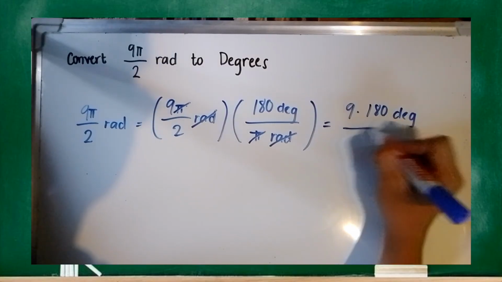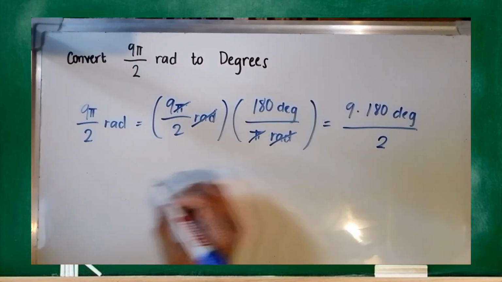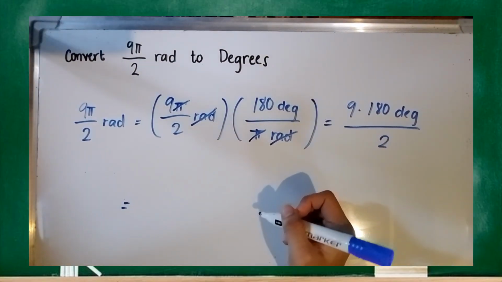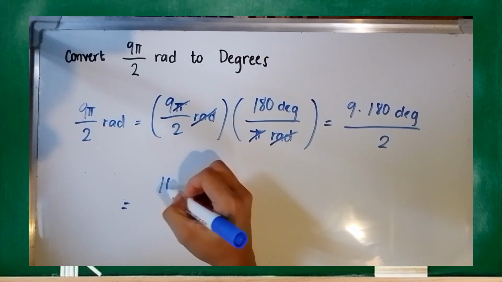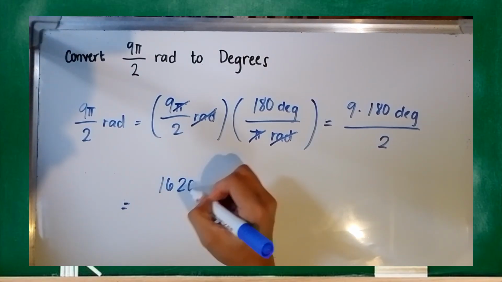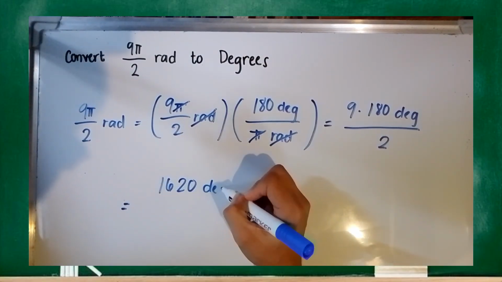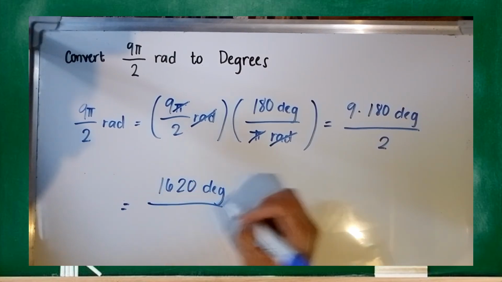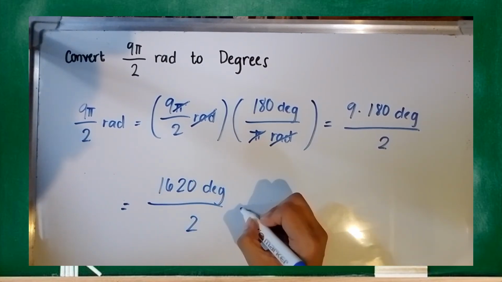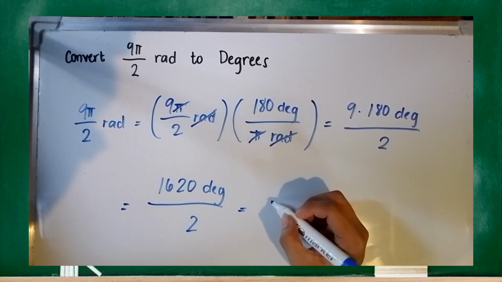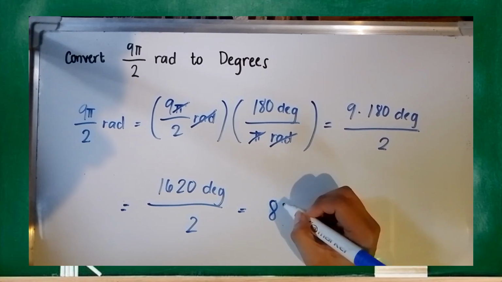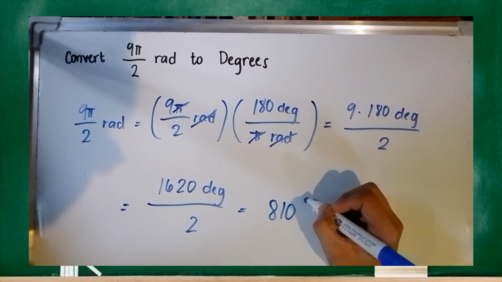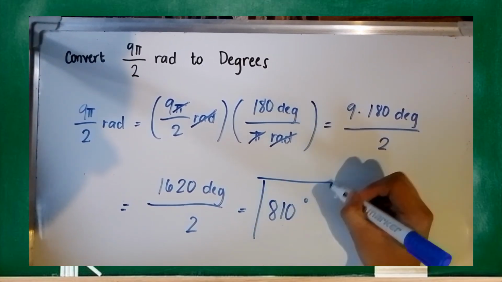Step 3 is to multiply and divide. Multiply 9 times 180, and it is equal to 1620 degrees. Divide 1620 by 2, and we should have 810 degrees. So 9 pi over 2 radians is 810 degrees.